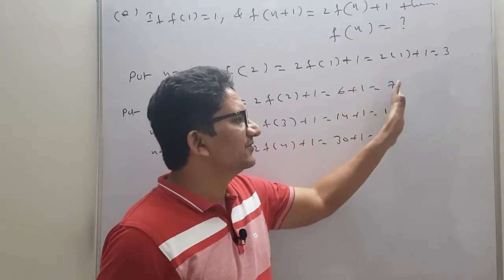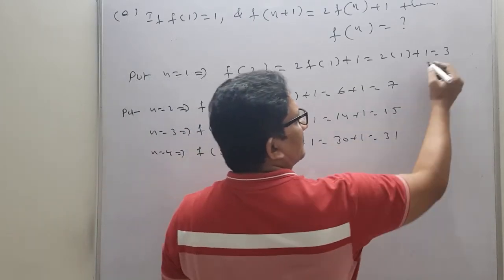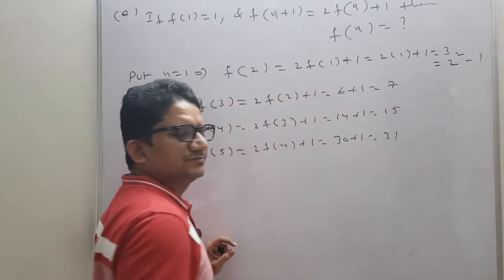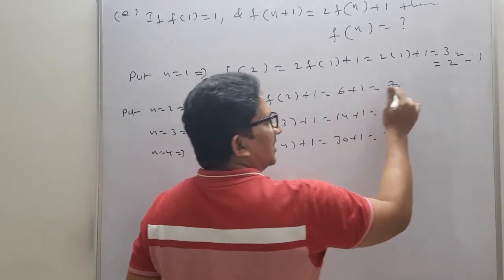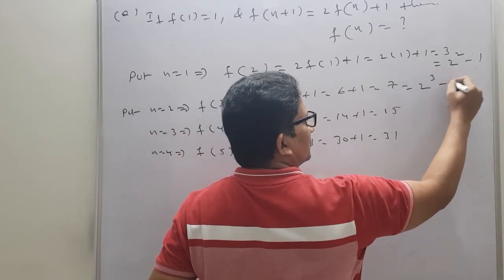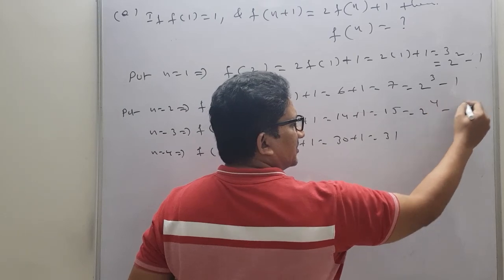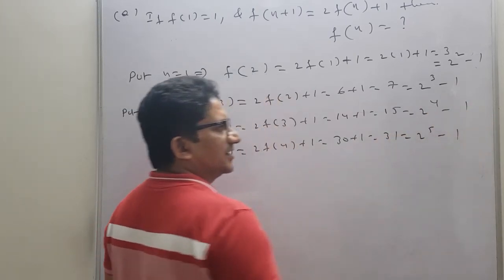But after getting the values, all these values are following a pattern. 3 is nothing but 2 square minus 1. 2 square is 4, 4 minus 1 is 3. And 7 is nothing but 2 cube minus 1. And 15 is nothing but 2 to the power of 4 minus 1. And 31 is nothing but 2 to the power of 5 minus 1.